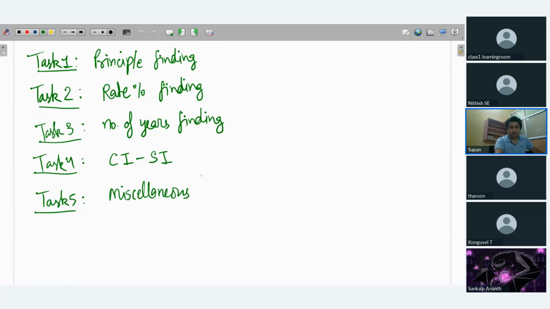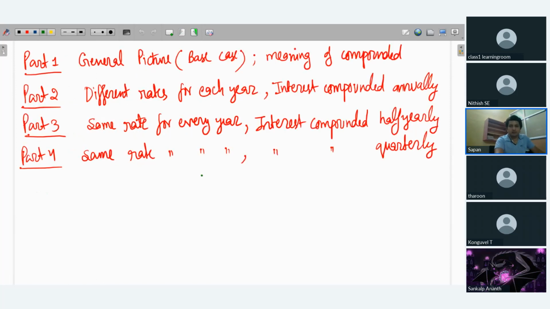Green ones we will do tomorrow, and the red ones we will do today. Actually, all this has been done. We just have to furnish it.